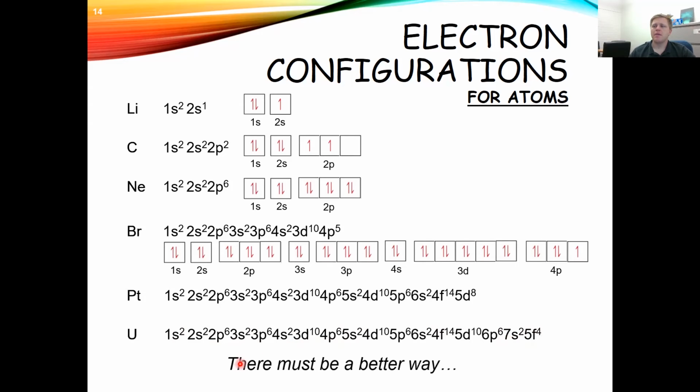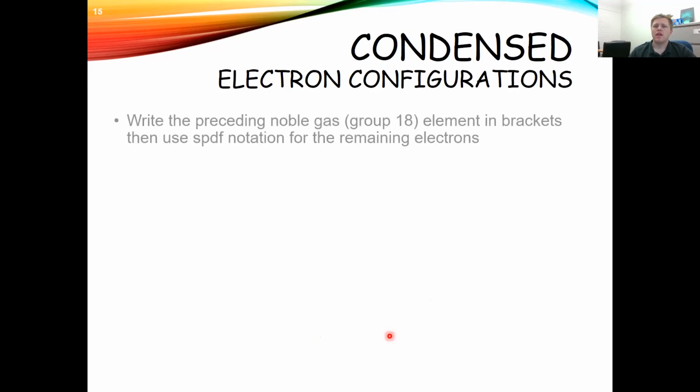And so there is a better way to do this, a way to shorten this up. And that is by using the electron configuration of a noble gas as shorthand. What I mean by this is, if you think about a big element like bromine, number 35, well, it's got a lot of lower electrons that have an electron configuration similar to a noble gas, right? So let's look at bromine on the periodic table real fast.